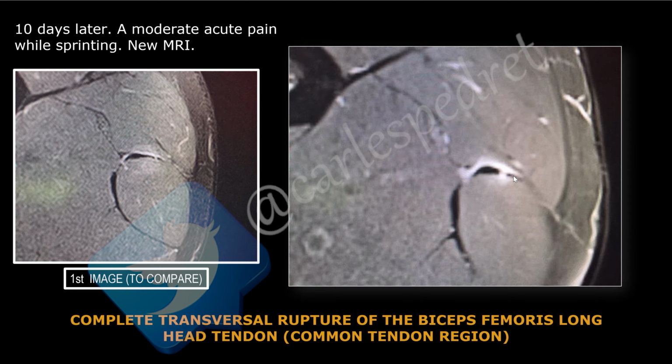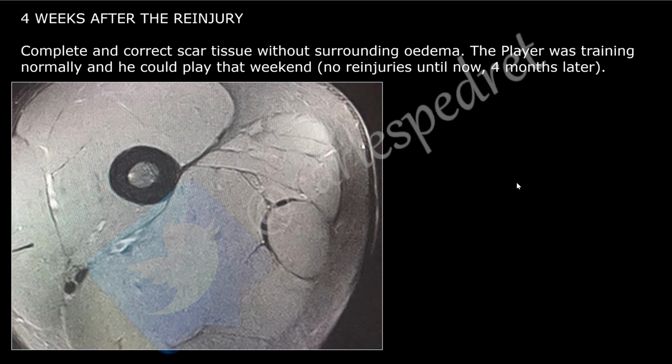Although it really seems that it's nothing or almost nothing, as you can see, we can convert this into a quite severe injury. After this second MRI and this second injury, what we needed was 4 weeks after the re-injury to have a complete and correct scar tissue without surrounding edema.